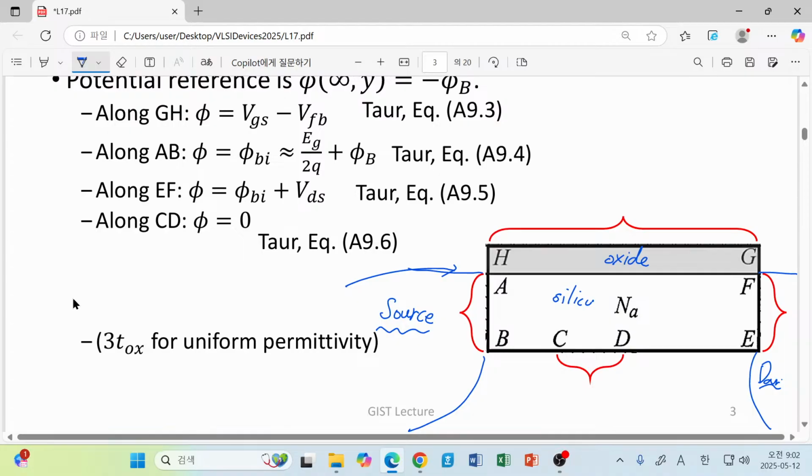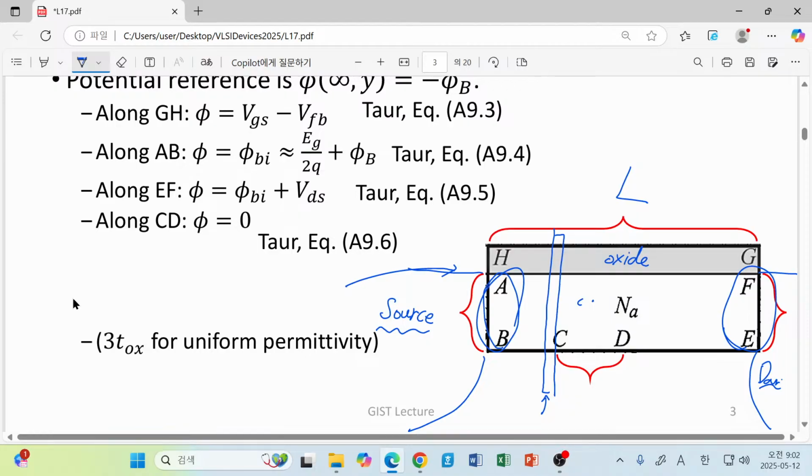In my opinion, the essential point of all kinds of this complicated evaluation or model derivation is this: understanding the effect of the AB and EF boundary. Let's say that we have a long channel device. For example, here we have a very long channel, and consider a certain slab corresponding to the middle of our transistor.